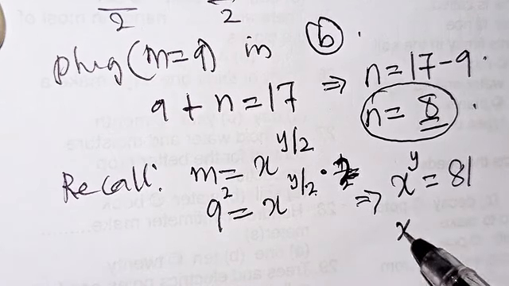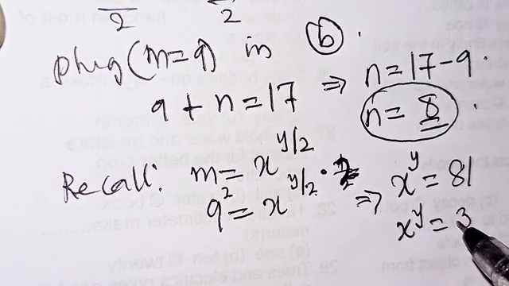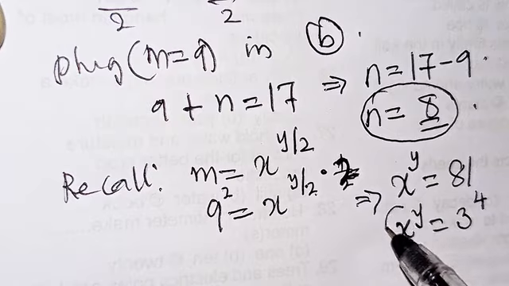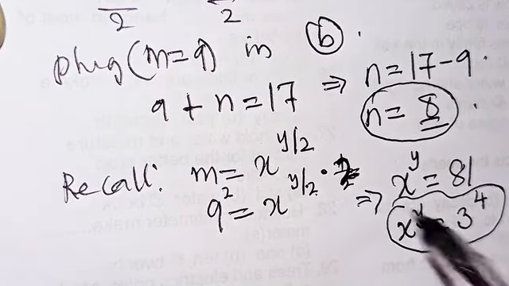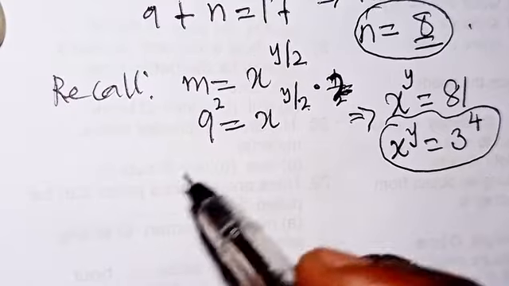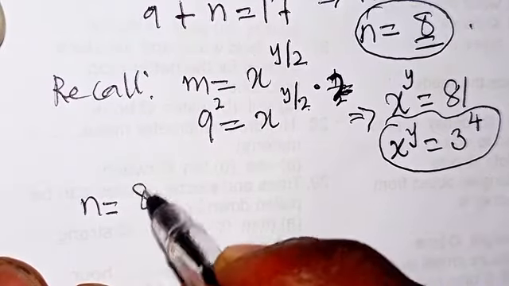And don't forget that x to power y, we can rewrite this 81 as 3 to power what? 3 to power 4. Do you understand? So let's keep this. So another thing is that n is equals to 8.